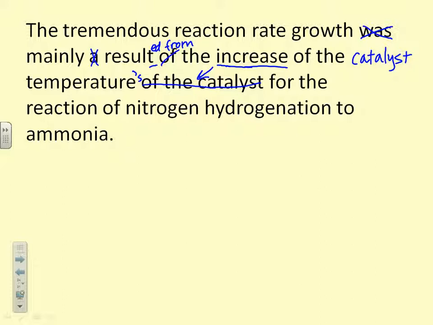The tremendous rate growth in nitrogen hydrogenation to ammonia was due to the temperature, the catalyst temperature increase. Okay, so the tremendous, did you get rid of this reaction? Yeah, that's the tremendous rate growth in nitrogen hydrogenation to ammonia.